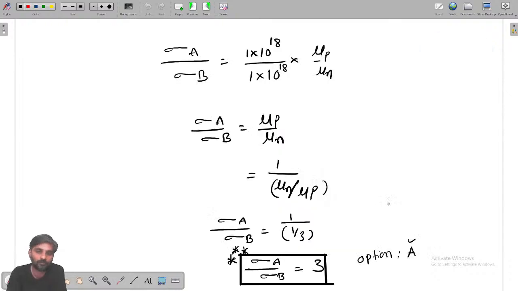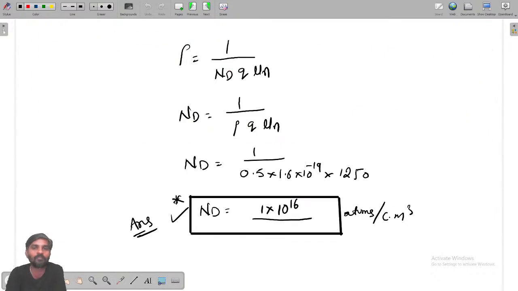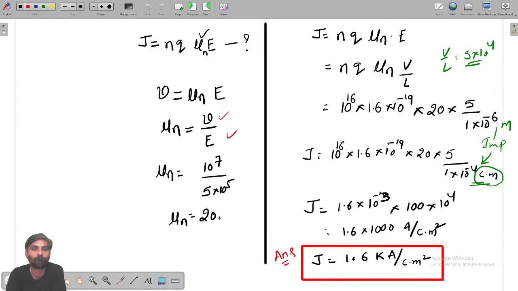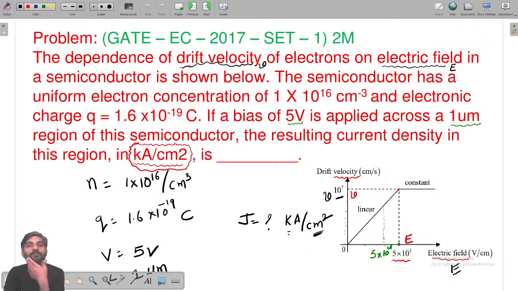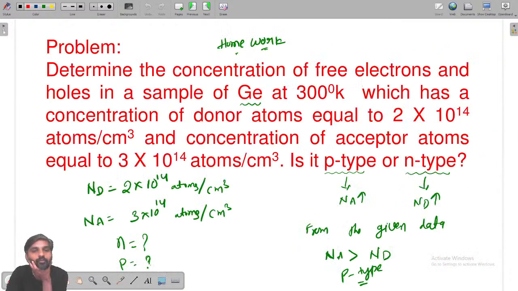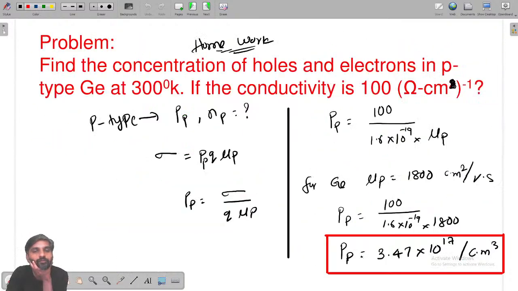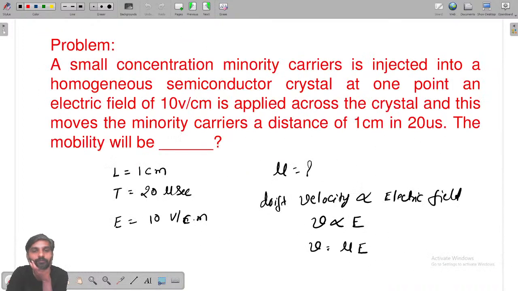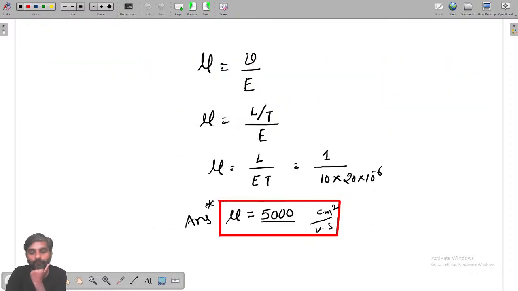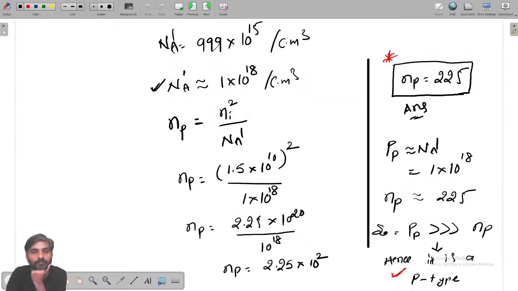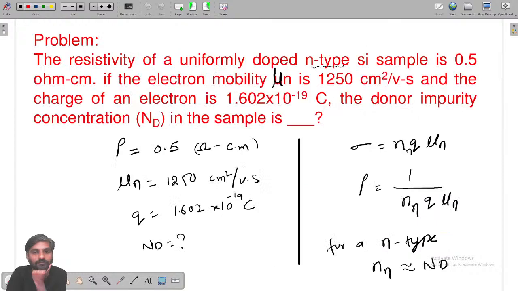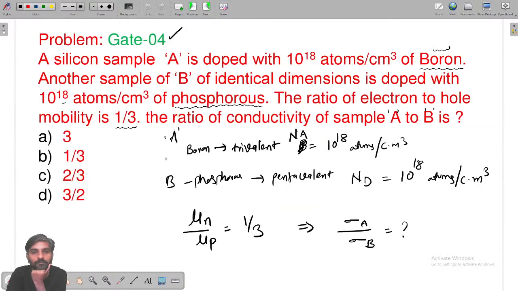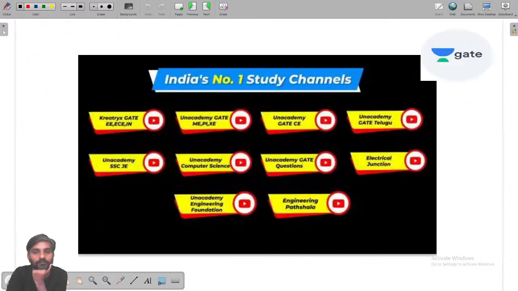We are done with the problems. How many problems have we done today? 1, 2, 3, 4, 5, 6, 7, 8, 9, 10.